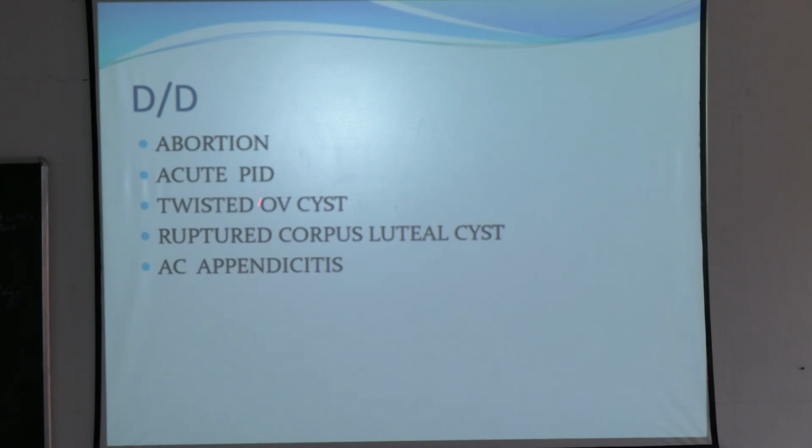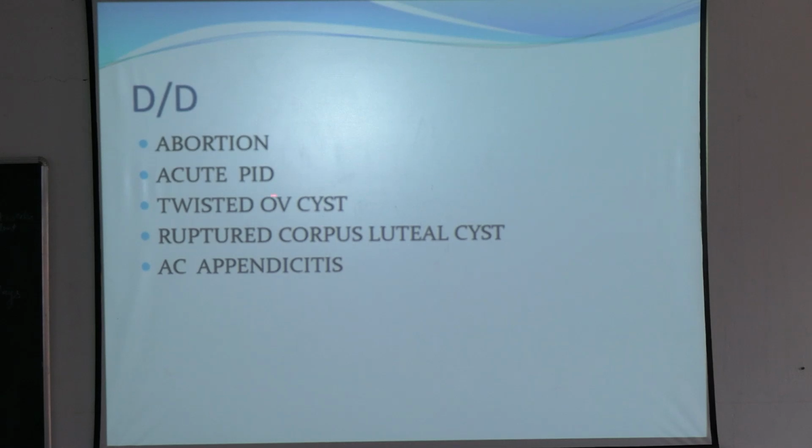So, from your clinical knowledge you will be able to reach a near diagnosis of ectopic pregnancy or ovarian cyst. An ovarian cyst can be palpated, so that will be detected as an adnexal mass. You may think that is an ectopic mass, but the pregnancy test in all these cases will be negative. That is very important, the pregnancy test. If necessary, you can send blood for serum beta hCG.